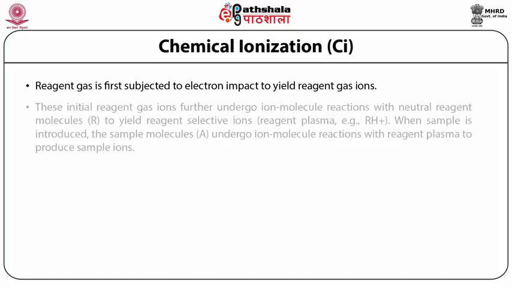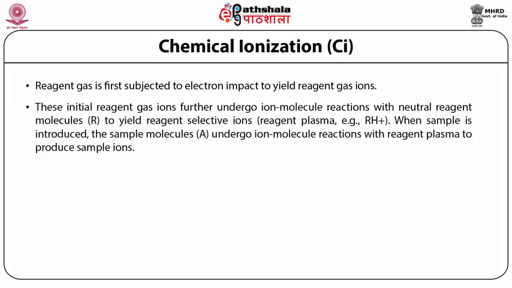In chemical ionization, the reagent gas is first subjected to electron impact to yield reagent gas ions. As I told you, these initial reagent gas ions further undergo ion molecule reaction with neutral reagent molecules to yield reagent selective ions, that is reagent plasma, which may be denoted as RH plus. When sample is introduced, the sample molecules A undergo ion molecule reactions with reagent plasma to produce sample ions.